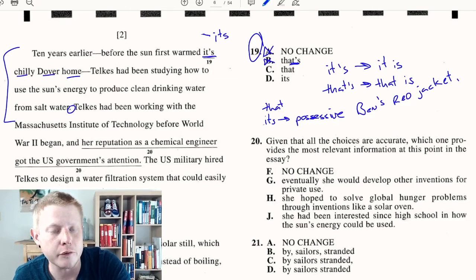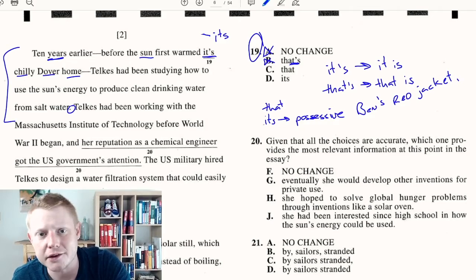So what nouns do I have before? We have the sun and we have ten years, right? Really years. Well, years doesn't make any sense from a mechanical perspective because we have the dash separating it, but also because it just doesn't make any sense. And so I don't think that's going to work. So I think it has to be sun. Before the sun first warmed, it's chilly Dover home.